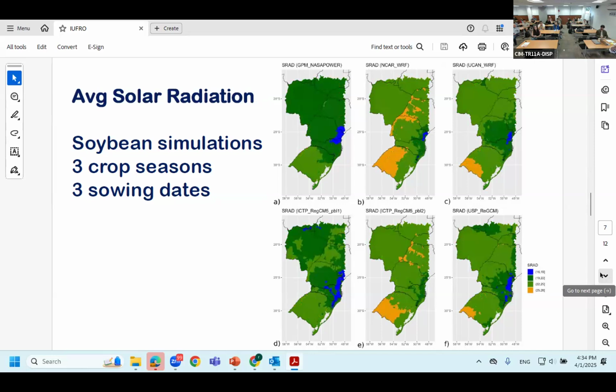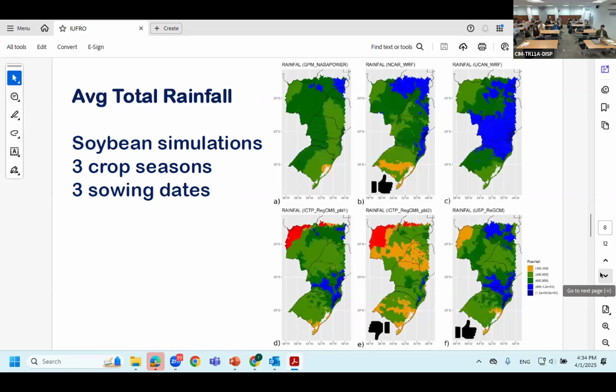The average solar radiation also has kind of good results, but with more variation, and some models overestimated the average total radiation along the cycle. And as expected, the major problem is rainfall. This is GPM rainfall, and you can see here that some models do a good job.